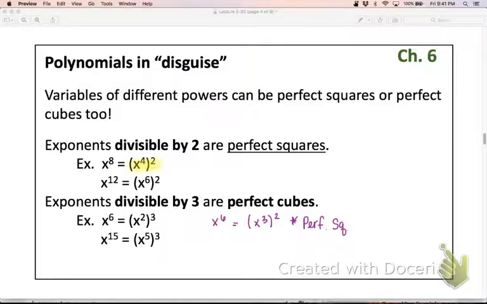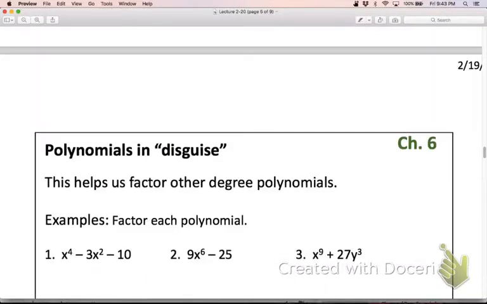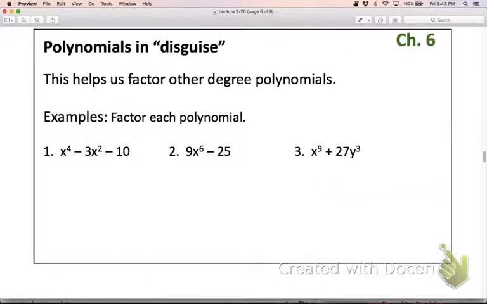Alrighty. So let's look at some examples of factoring where we have to take this into account. We have a couple of different tricks up our sleeve. We want to be looking for polynomials in one of these 3 forms. The first one is quadratic form. Remember, the standard form for a quadratic expression looks like this.